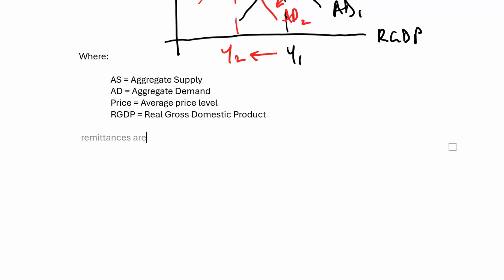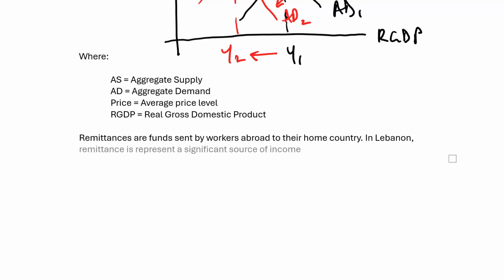Remittances are funds sent by workers abroad to their home country. In Lebanon, remittances represent a significant source of income and demand.